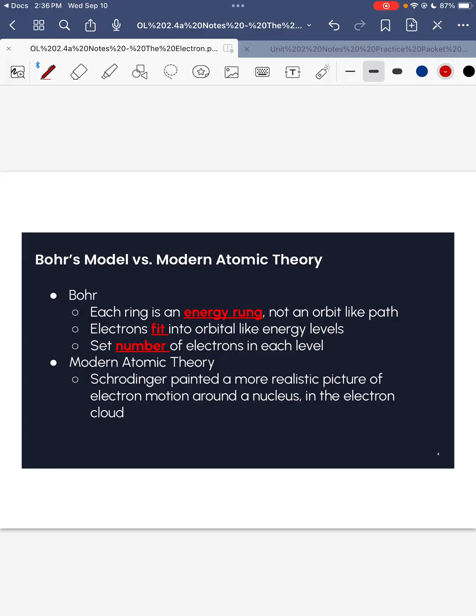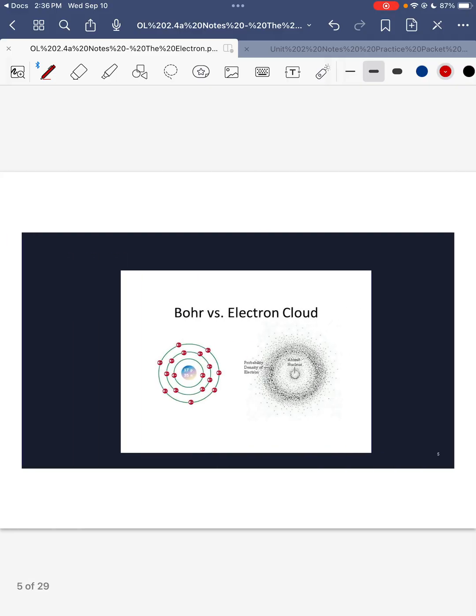The modern atomic theory painted a more realistic idea, so let's compare those two. In Bohr's model, we have these energy levels that are almost like rungs to a ladder. And electrons just kind of circled around within those energy levels, and they never really moved around within them.